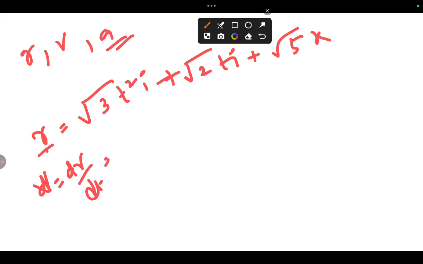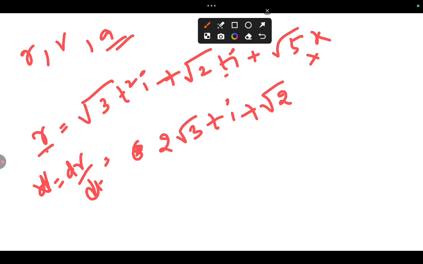Let me go with this one. Where t is there, differentiate. So sorry, it's 2 root 3 t i. You can check that one. Plus here also t is there, so it is root 2 j.